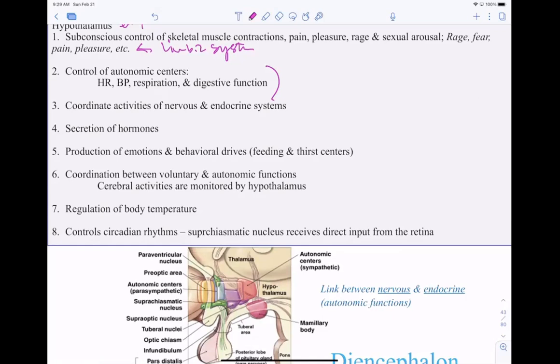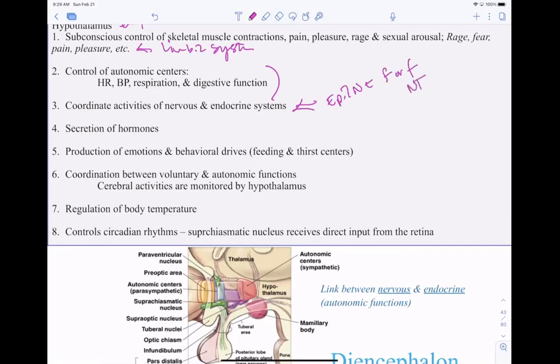Also, it's got that antidiuretic hormone and oxytocin. It also controls the output of the pituitary gland, which is a major endocrine gland. It controls the adrenal medulla for epinephrine, norepinephrine, right? So that's your fight or flight neurotransmitters, really.